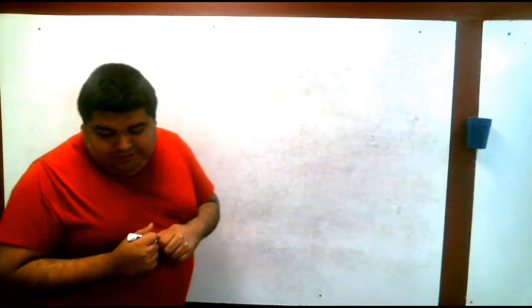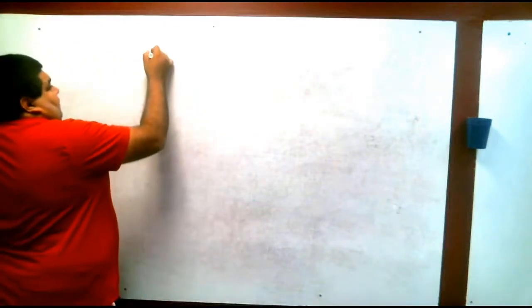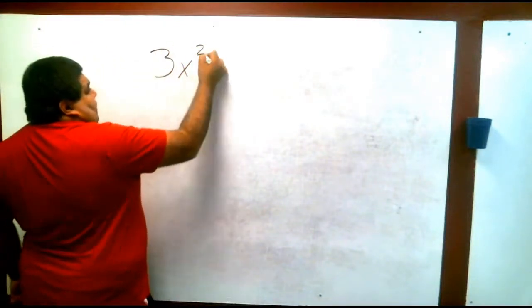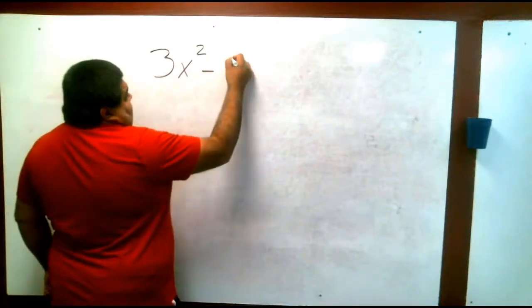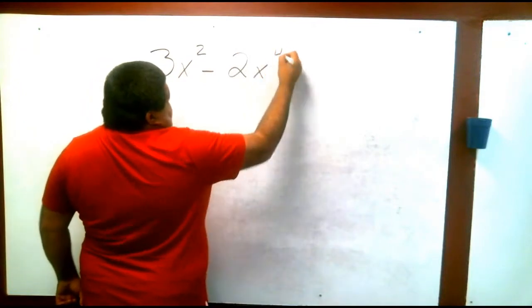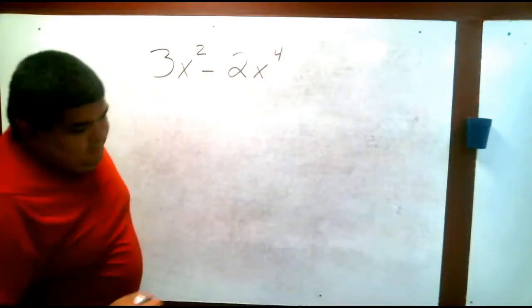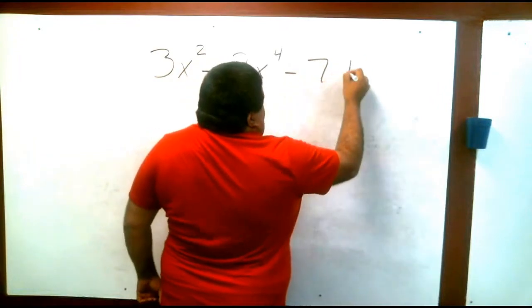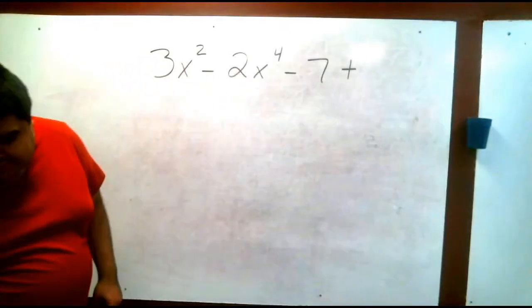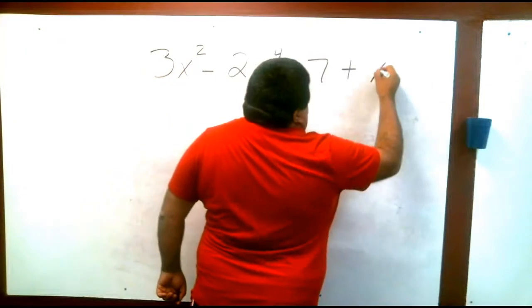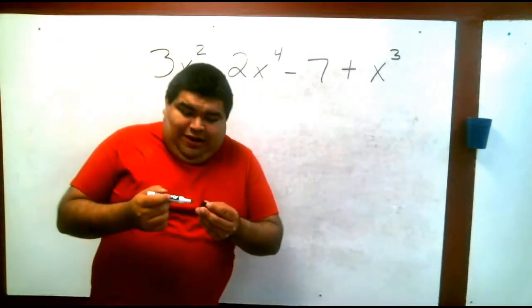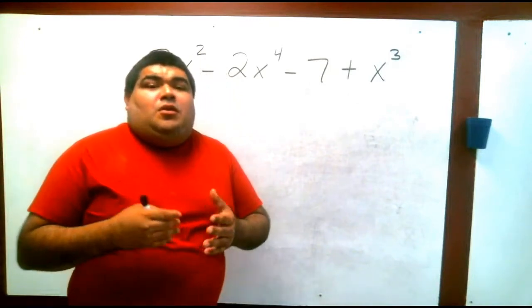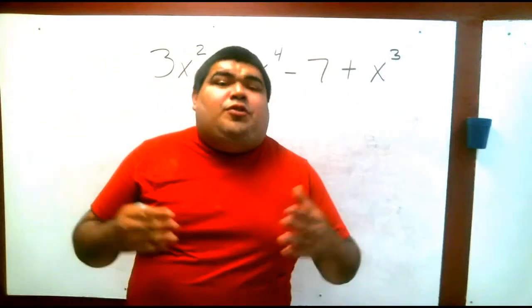So we have this problem: 3x squared minus 2x to the fourth minus 7 plus x to the third. Now that we have this problem, always put them in order.